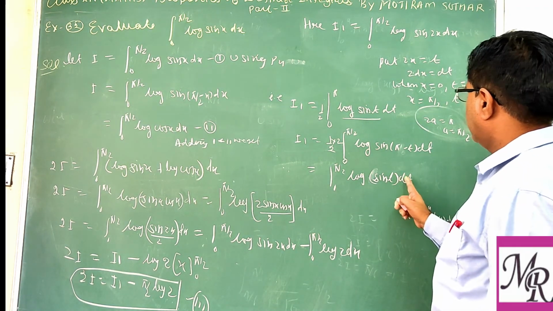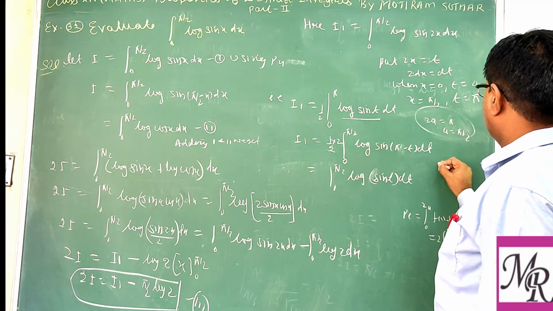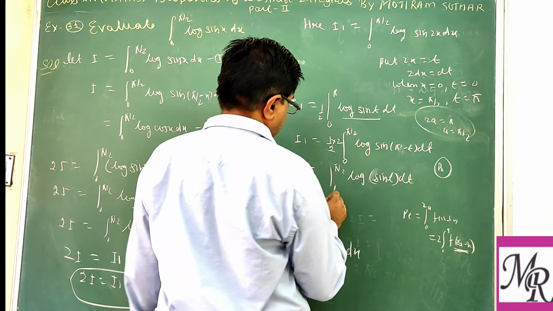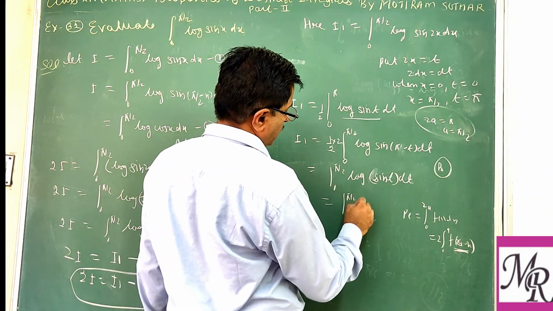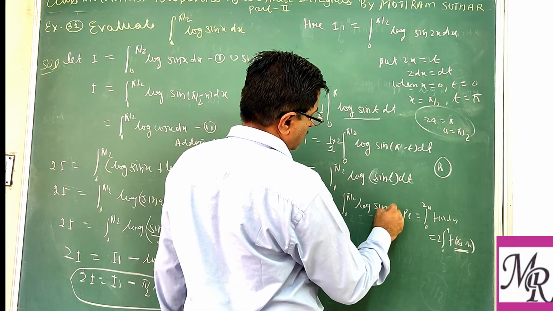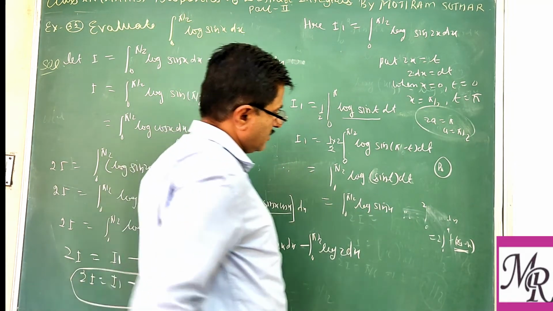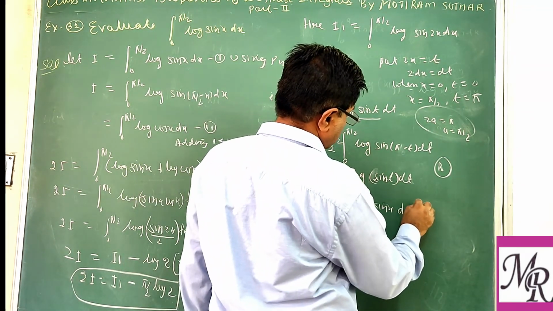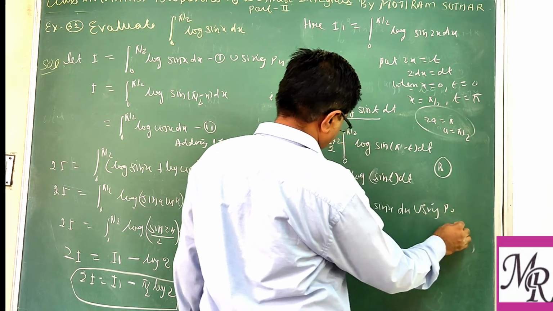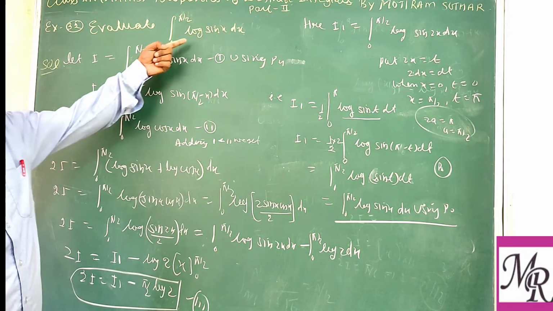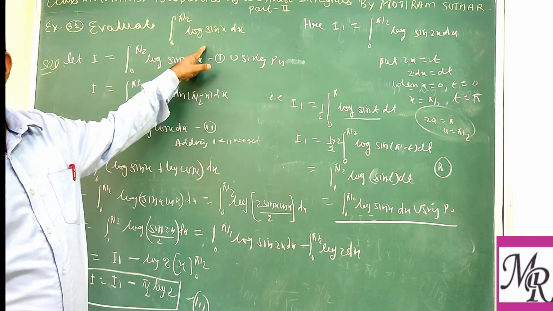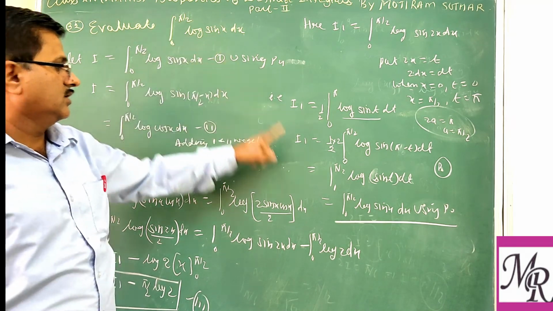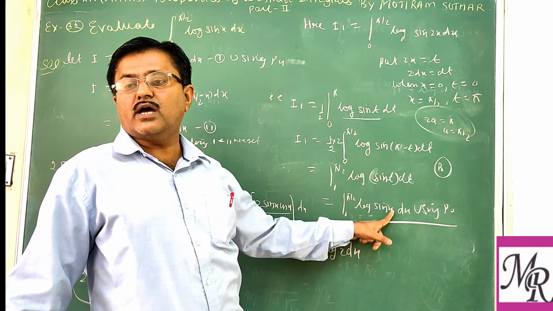Now we know that the variable is a dummy. So using P0, t can be replaced by x, giving integral 0 to pi by 2 of log sin x dx. Now this is the value of I, integral 0 to pi by 2 of log sin x.